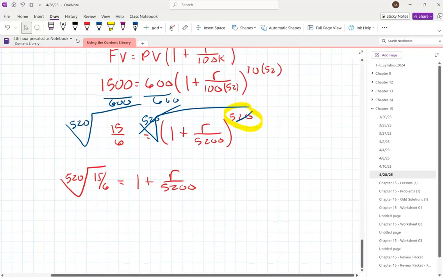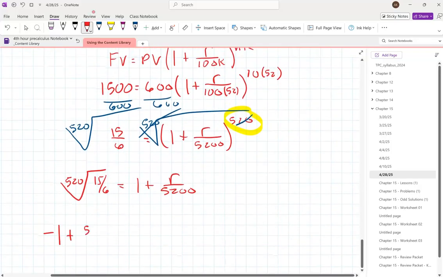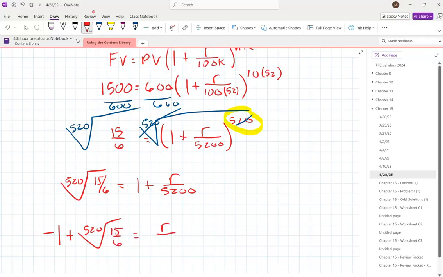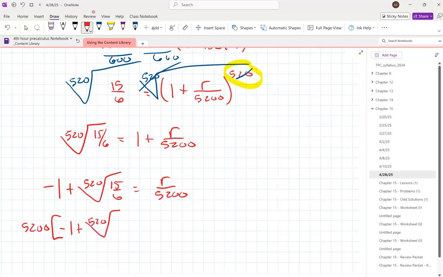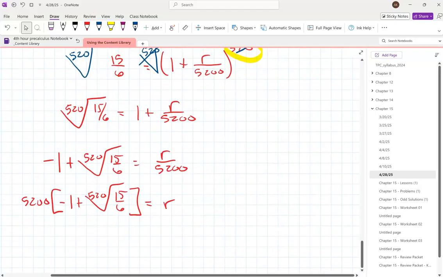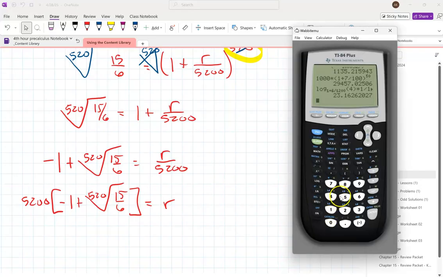So then we'll just subtract 1 from both sides. And then multiply by 5,200. And it's calculator time. I think we had talked about this previously on how to do these large indexed radicals on our calculator.